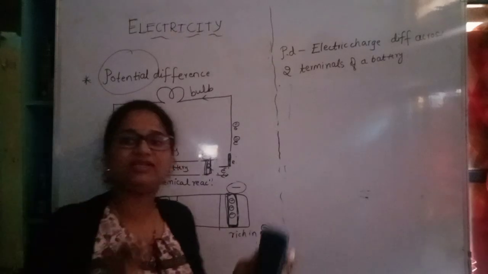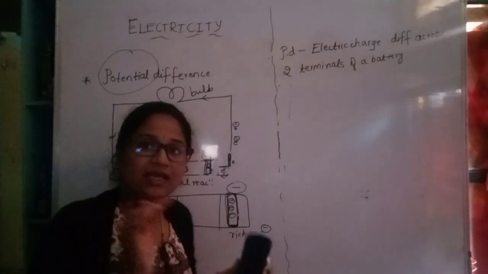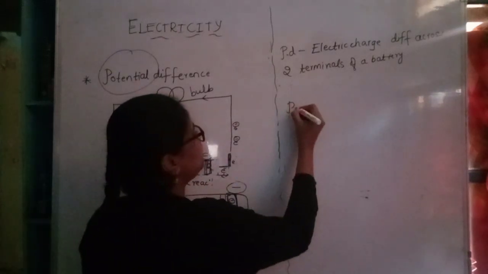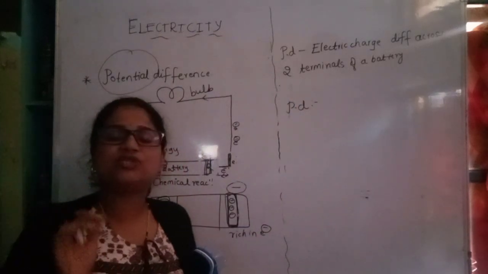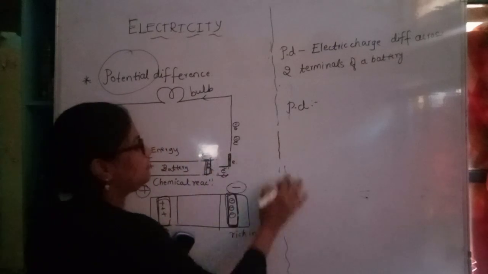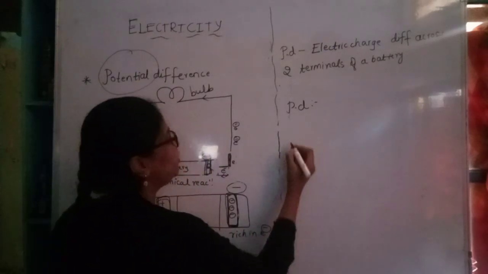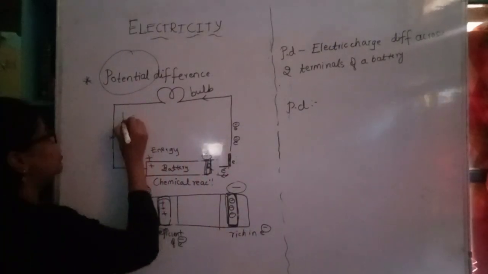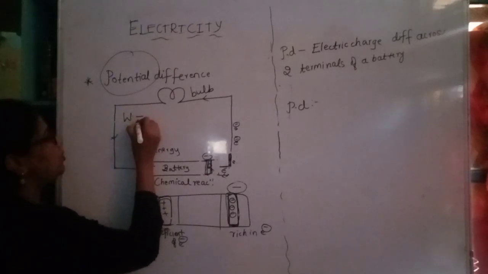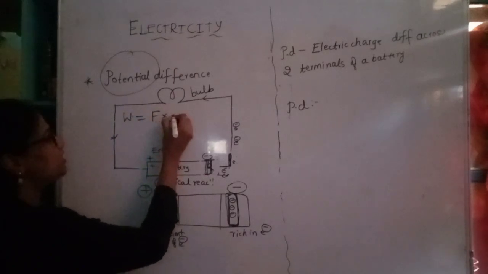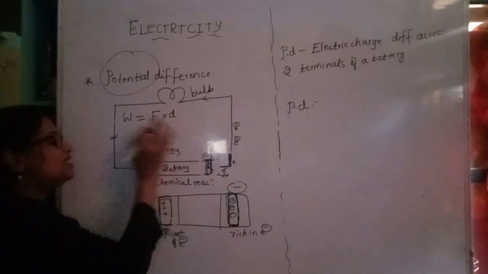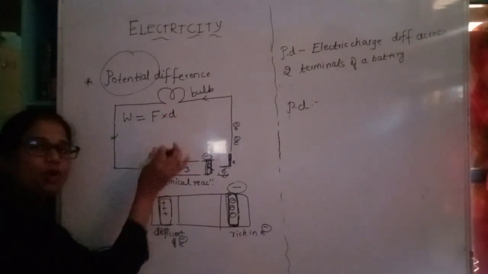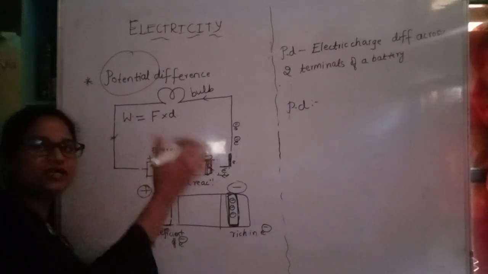When we come to the textbook definition, let us also learn that. So in the 9th class, we learned work done, that is W is equal to force into displacement. So what is displacement? Displacement is nothing but the movement of a thing from one place to another place.